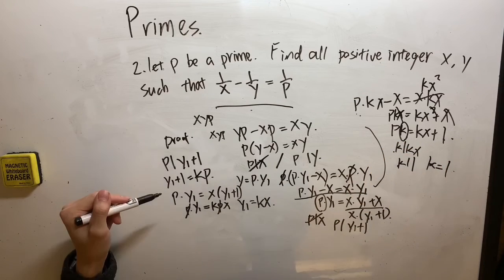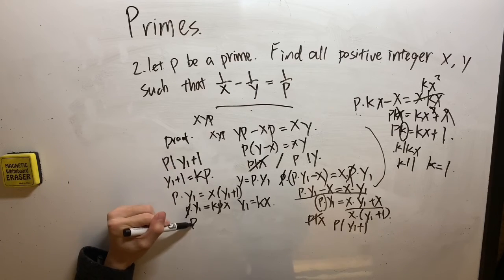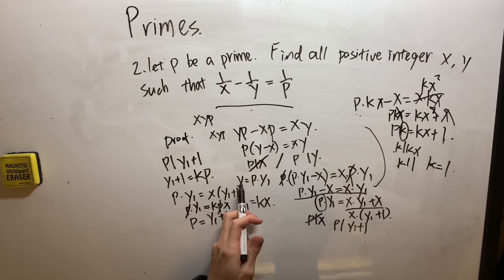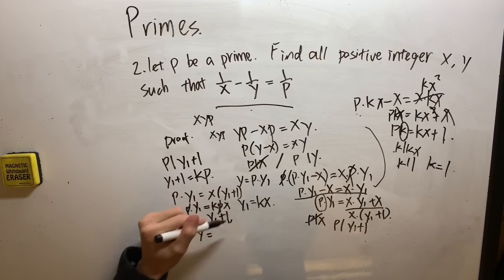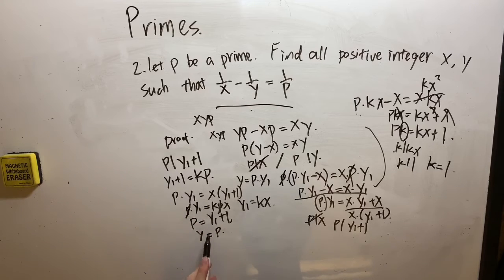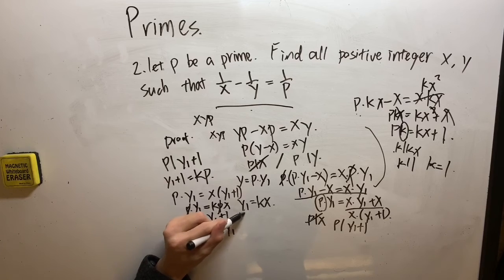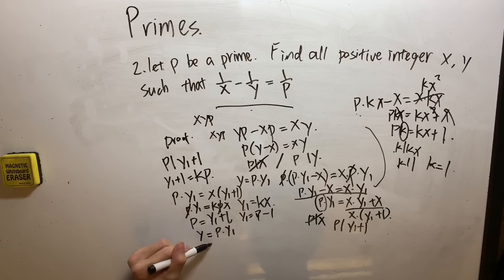Now we have y1 plus 1 equals p, so p equals y1 plus 1. But y equals p times y1, where y1 equals p minus 1. So y equals p times p minus 1.